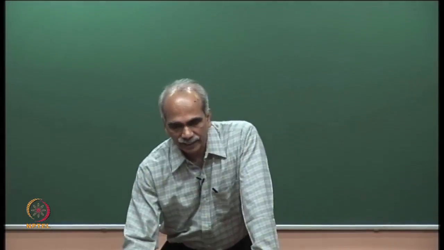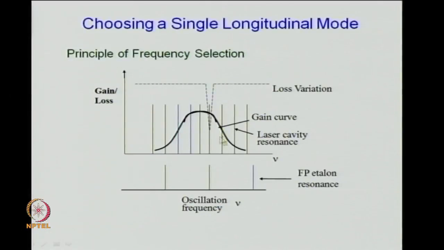So, the idea is here again: the gain curve is the same, the resonance frequencies are the same, but if you can have a loss profile where loss is more for all frequencies but one, then it is possible that only one of these longitudinal modes will oscillate.